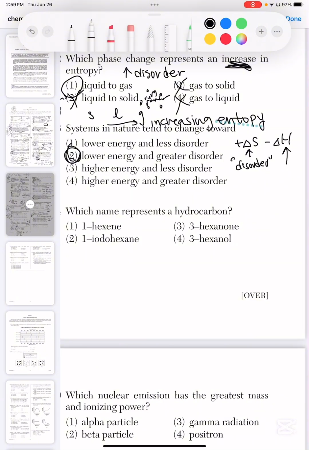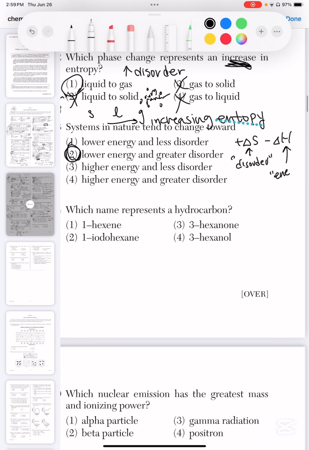This is the energy. Because there's this formula to determine the Gibbs free energy, the spontaneity of a reaction. So yeah, anyways, very random tangents.